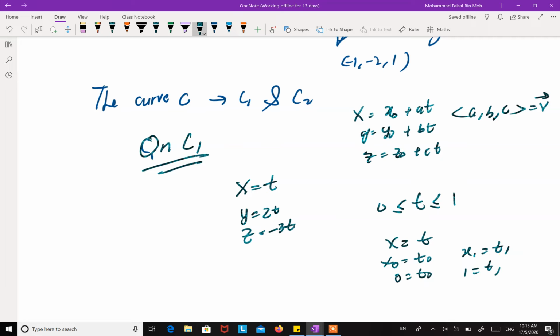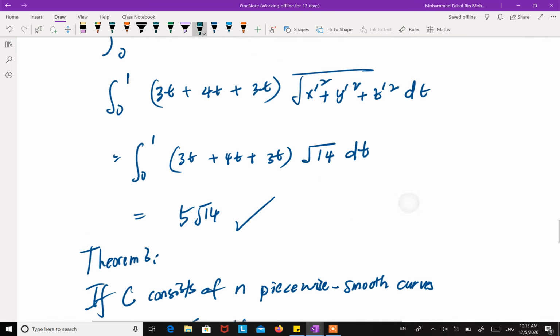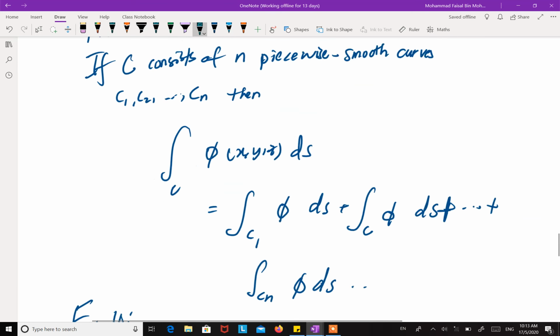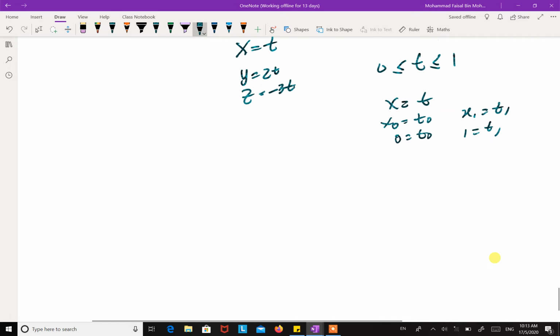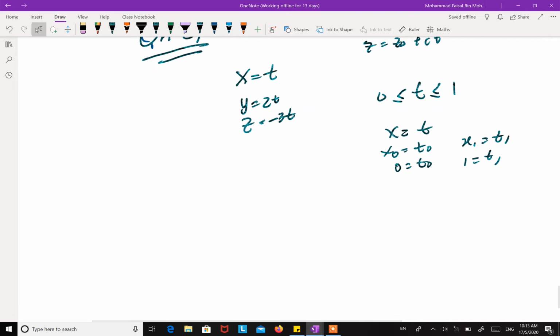So your integration should be 0 to 1. I just skip some steps because I already taught you before. So the parametric equation of C1 is x equals t, y equals 2t, z equals negative 3t, with t from 0 to 1.